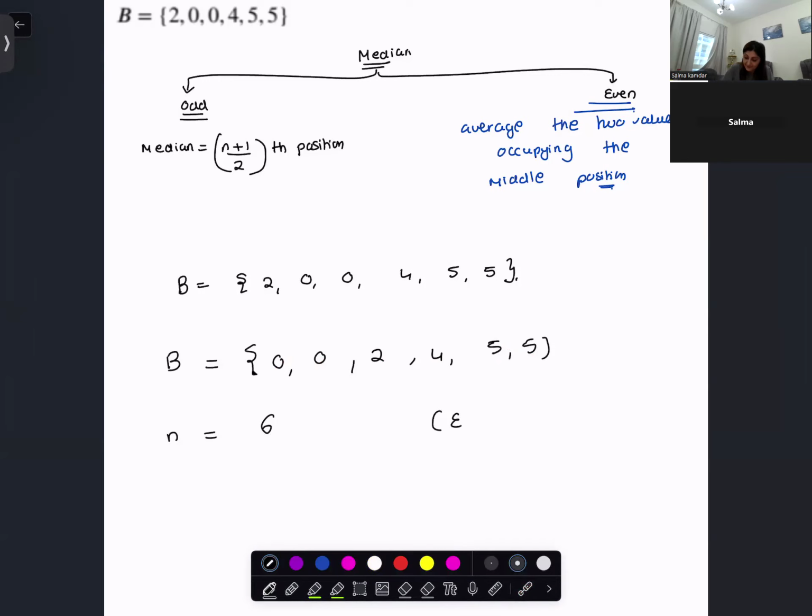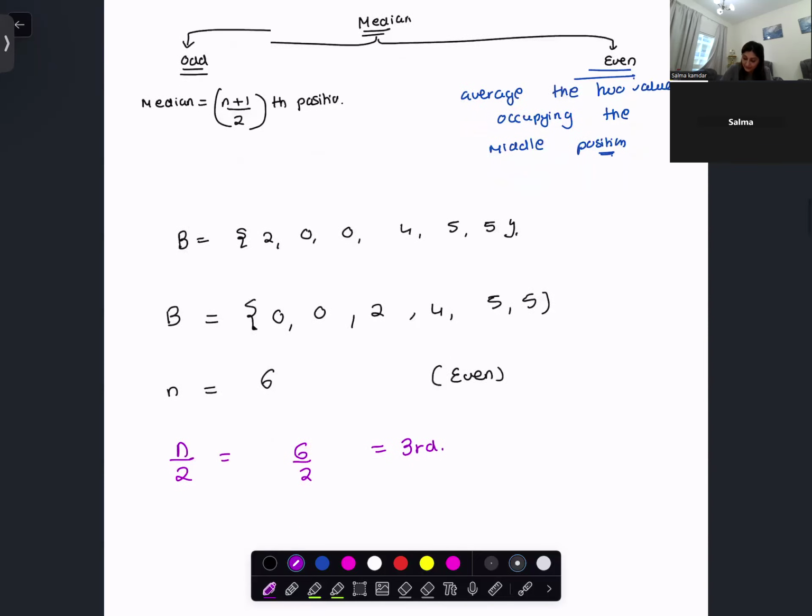Now this is even. Since this is even, I will average the two values occupying the middle position. How do I average the two values occupying the middle position? I will do n by 2. N by 2 would be 6 divided by 2. That would be my third.